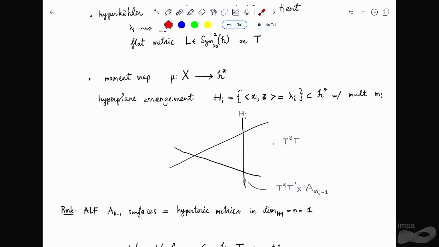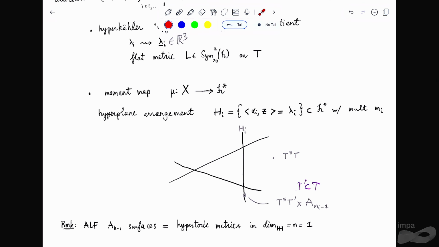And so if I'm on exactly one hyperplane, then the local picture is T star T prime, where T prime is a co-rank 1 torus, times one of the four-dimensional ALF examples obtained by the Gibbons-Hawking ansatz, where the multiplicity determines which case you are in, and exactly which co-rank 1 torus inside the larger torus T is determined by this co-character alpha I. Okay, so we have this very clean generalization.